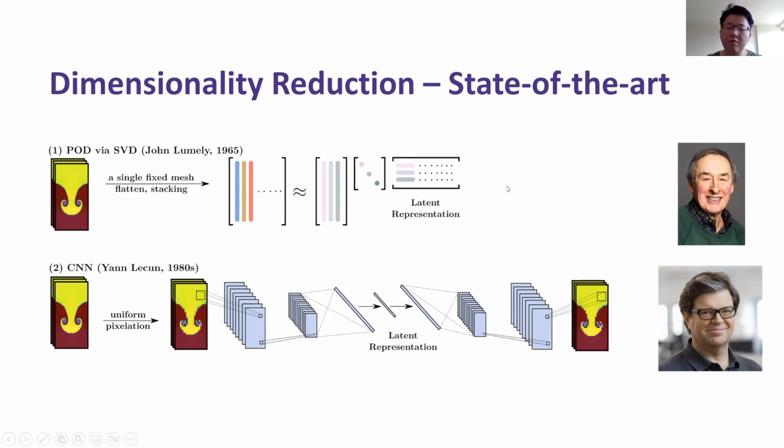As you can see, this short, fat V transpose matrix is what we usually call the latent representation, because going from the big original matrix to the V transpose matrix can be thought of as a dimensionality reduction in the spatial directions.